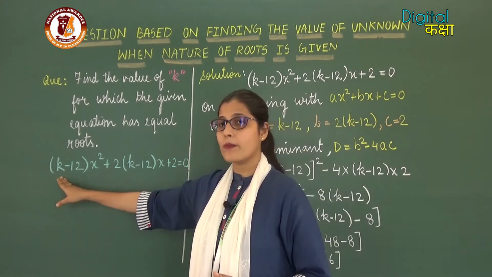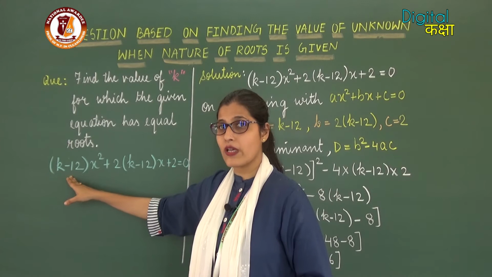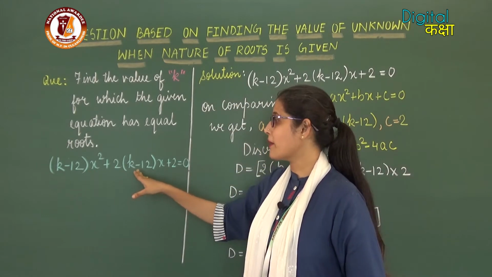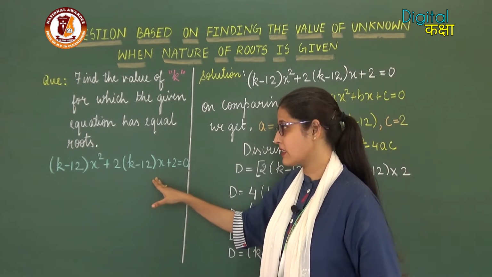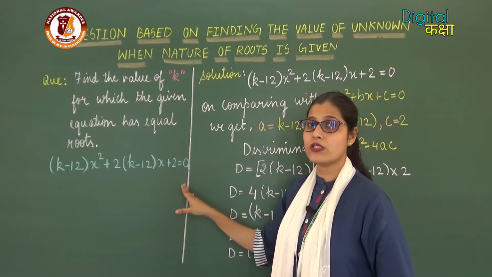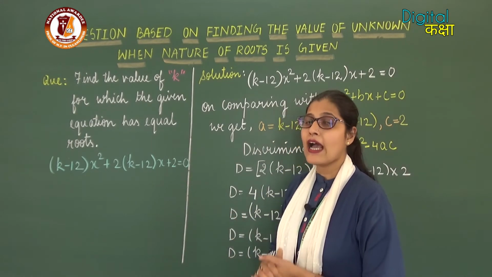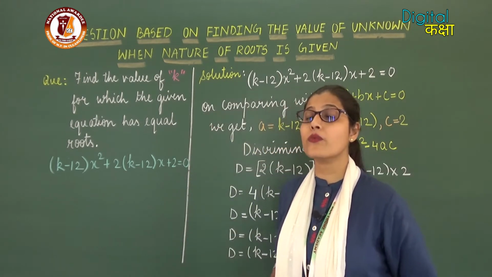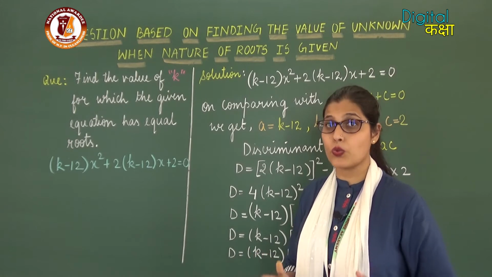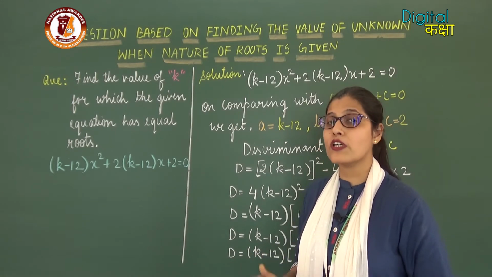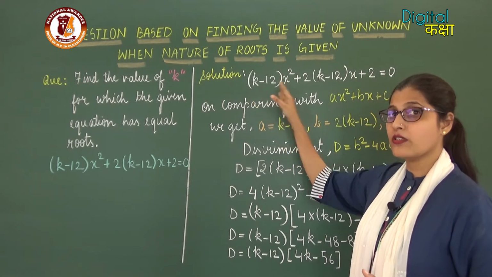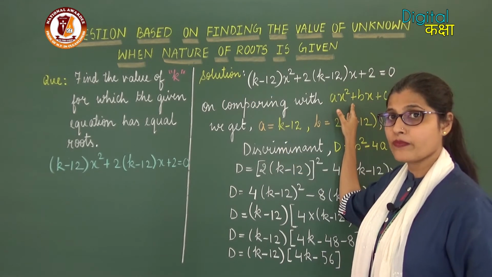The equation is (k − 12)x² + 2(k − 12)x + 2 = 0. As it is given in the question that the given equation has equal roots, so first of all we will be comparing the given equation with the standard form.